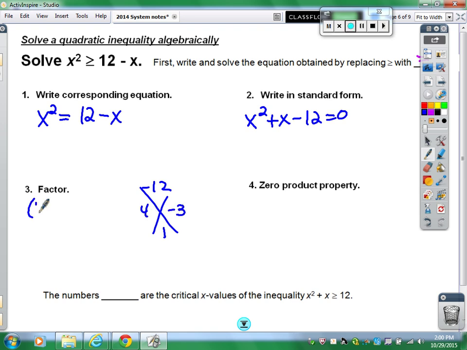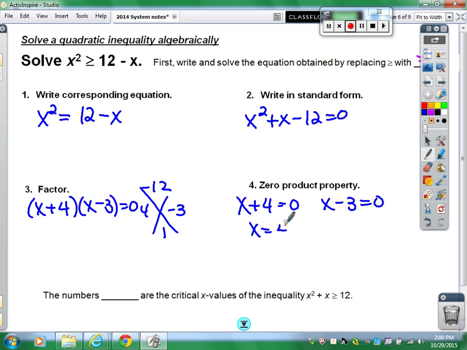Since my lead coefficient is 1, I can go straight to my factors. Zero product property, so set each factor equal to 0 and solve for x. So x is equal to -4 and x is equal to 3. Those are my critical values.